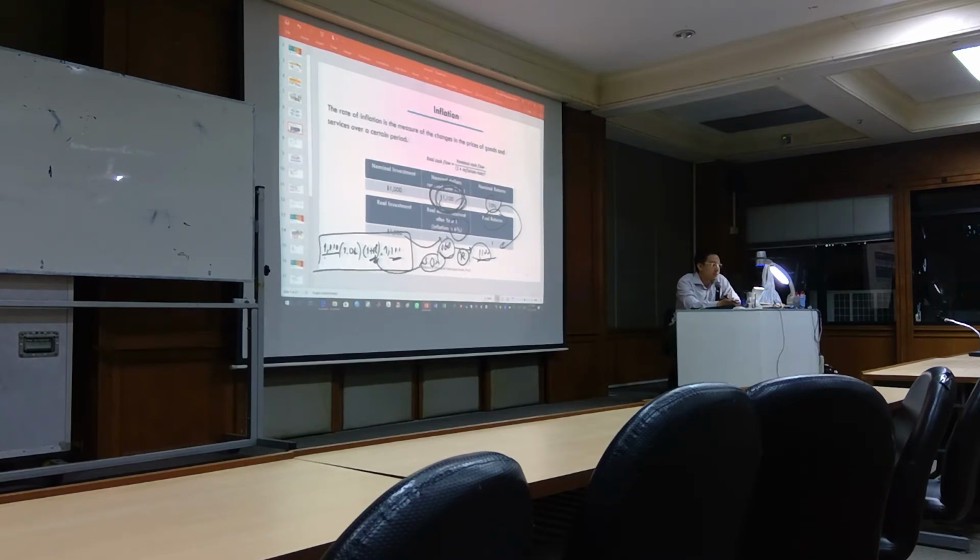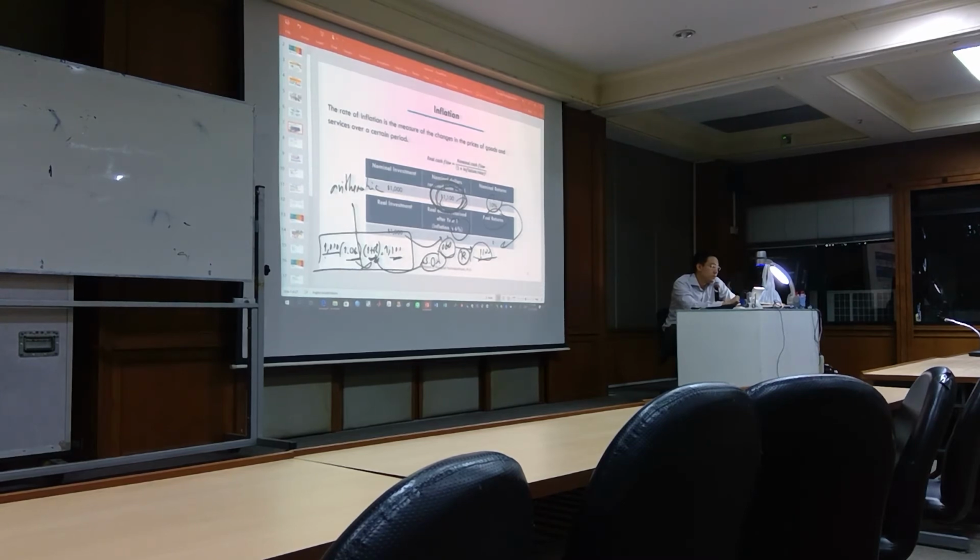But anyway, in this case, the real return is 3 point something, because we assume that this calculation is based on the arithmetic rate of return, okay? This is the arithmetic rate of return.